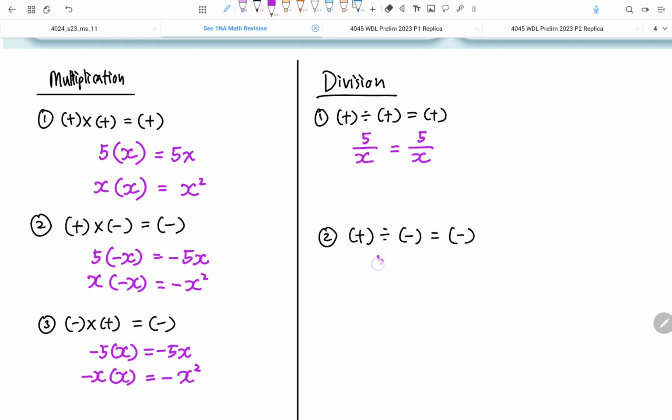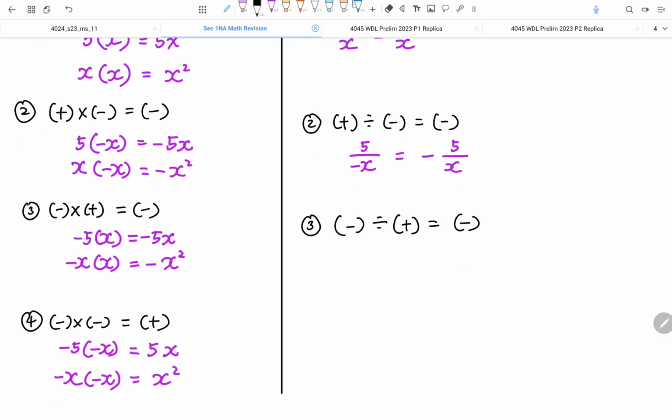Example, positive 5, and if you see a negative x, the result is negative 5 over x. Number 3. Negative divided by positive is negative. Example, negative 5 divided by x is negative 5 over x. And lastly, case 4.